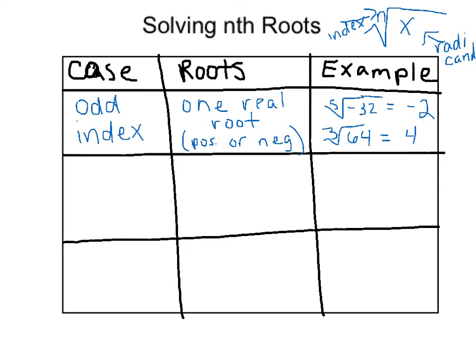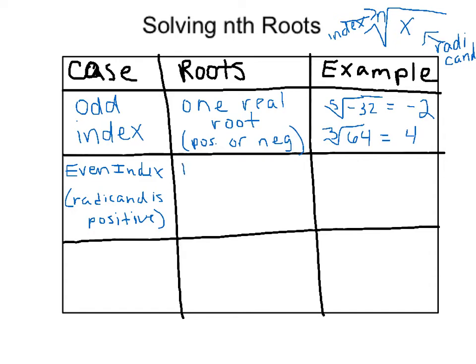The second case that we'll have is if we have an even index, but my radicand is positive. So this would be if we're taking a square root or a 4th root of a positive number. So the square root of 16 or the 4th root of 256, something of that situation.